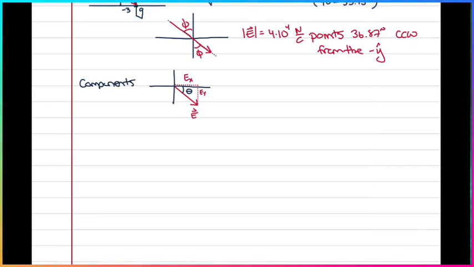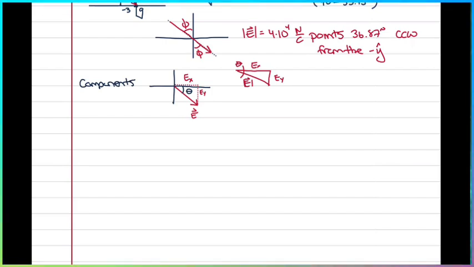So then, again, it's just a triangle. Here I have the magnitude of E as the hypotenuse. Then we have this is E_x, this is E_y, and here is my angle, theta.